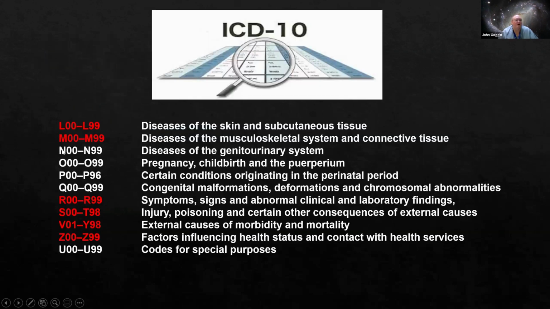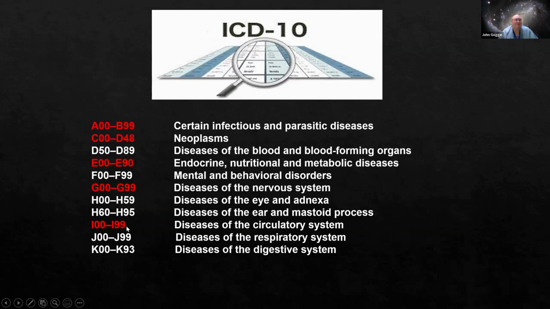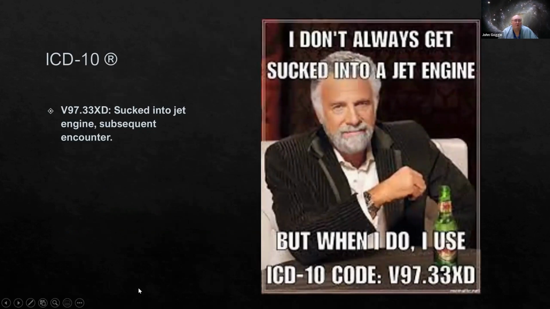So this is a V code, which indicates external causes of morbidity and mortality. V97.33XT, sucked into jet, subsequent encounter. So again, there's a code for everything.